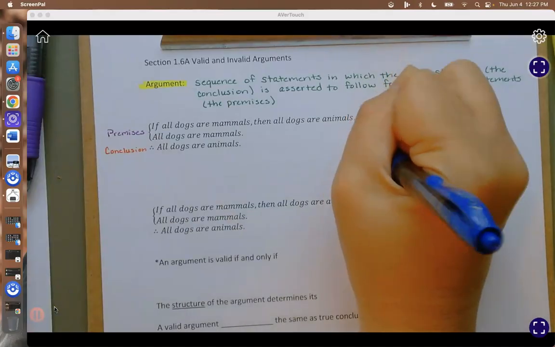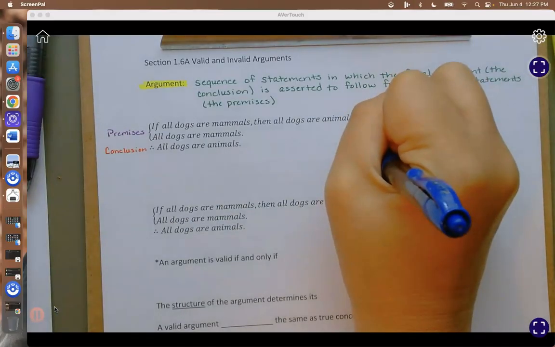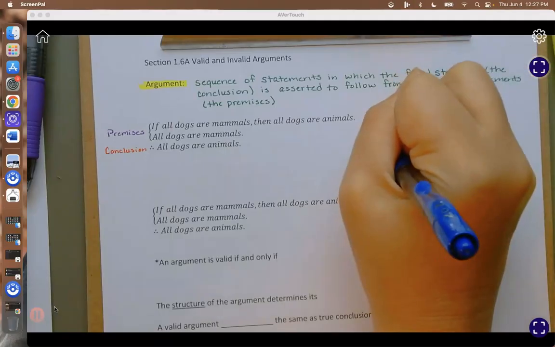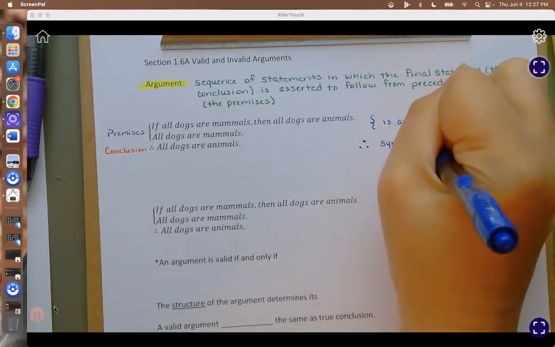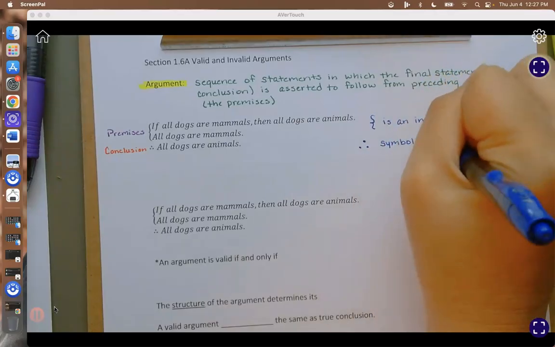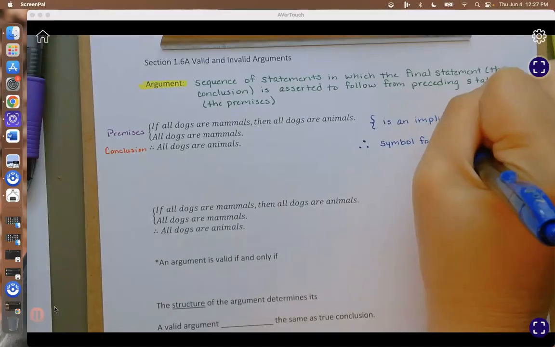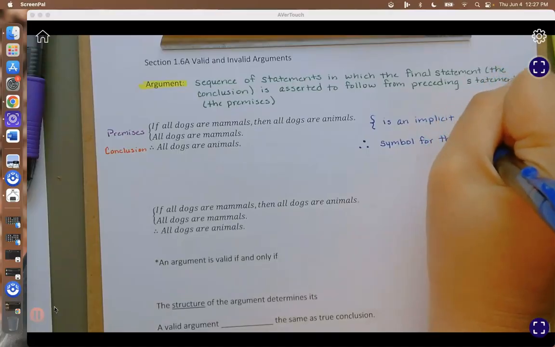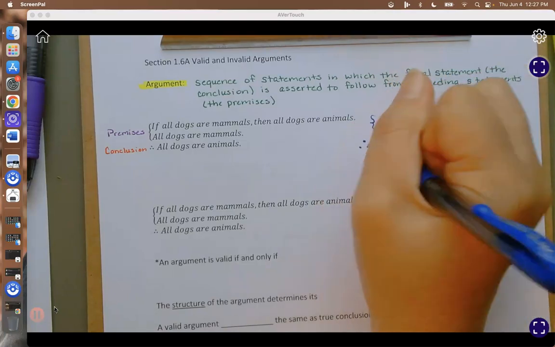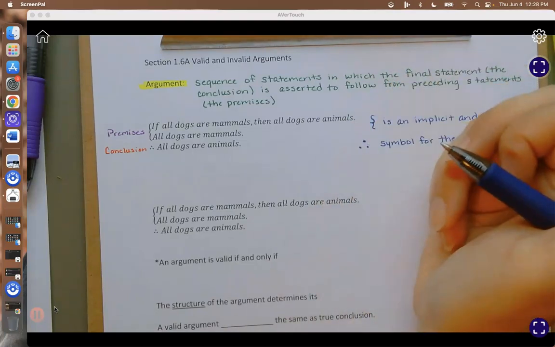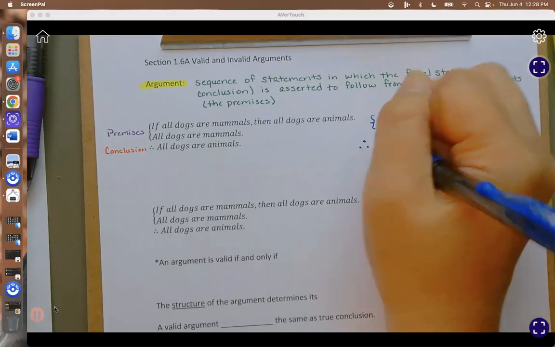Another little thing we want to make note of. This little symbol is the symbol for therefore. We use that in math sometimes. You may even see it in chemistry and other sciences.